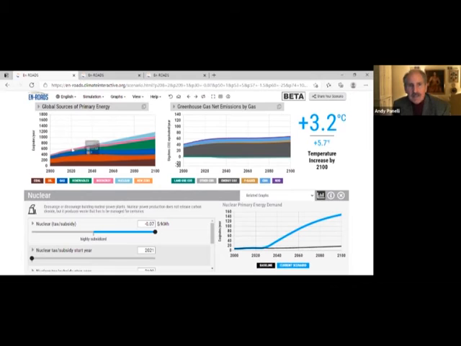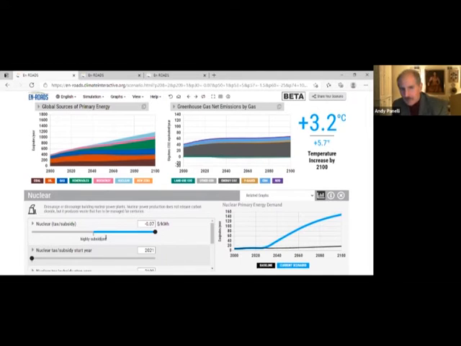And if we can't control our fossil fuel usage between 2020 and 2040 and 2045 or so, we're not going to be able to really dramatically impact our end of century temperature.